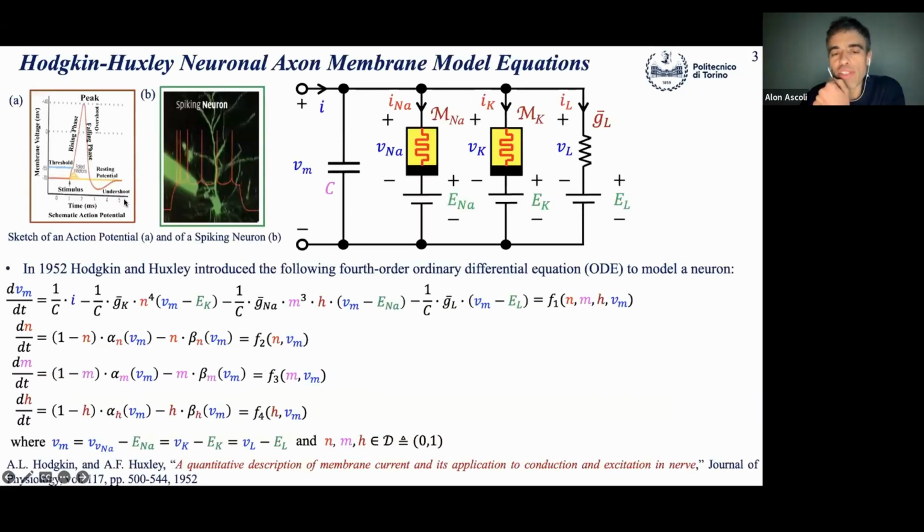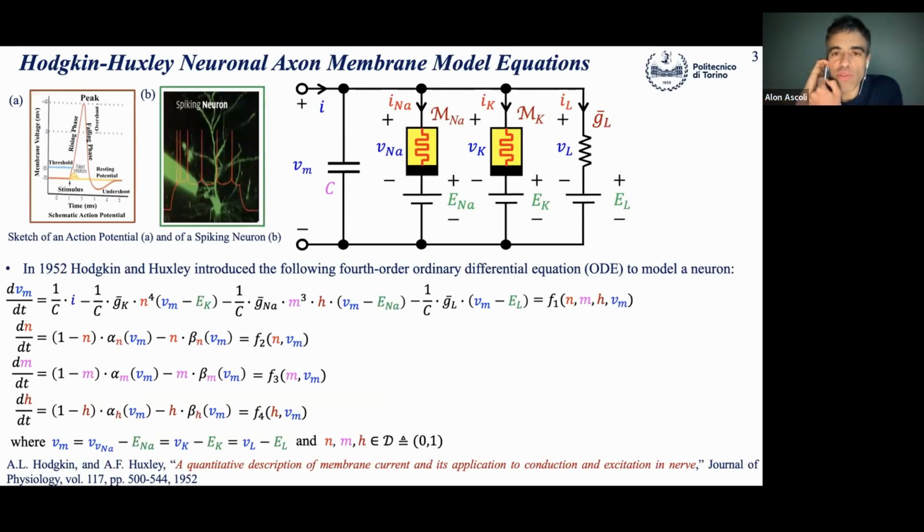But in this first slide, I would like just to give a brief reminder about the model of Hodgkin and Huxley that was developed by the two American luminaries, Hodgkin and Huxley, in 1952. It is considered a bioplausible model for neuronal cells. It is a very complex model, however, and therefore it is not so much used in terms of hardware implementation these days.